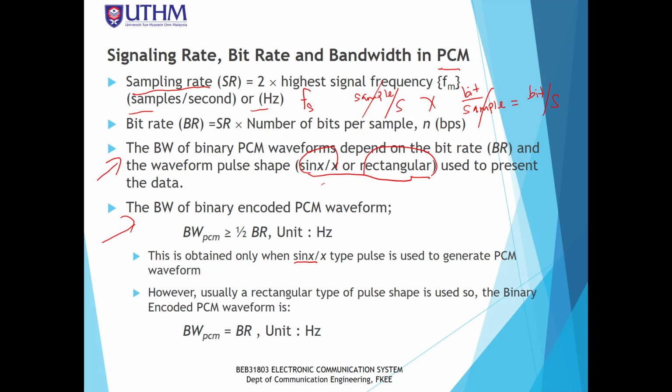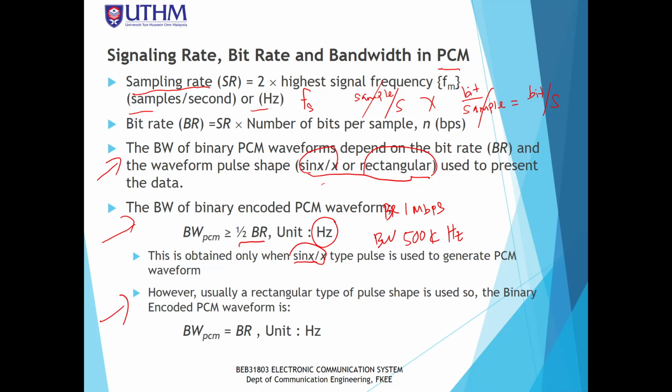The bandwidth of the PCM would be half of the bit rate, in terms of hertz. So if the bit rate is 1 megabit per second, then its bandwidth is half, which is 500 kilo, but in terms of hertz. Okay, this is the bandwidth, and this one is BR, or the data rate. Okay, this is if we use a sinc function.